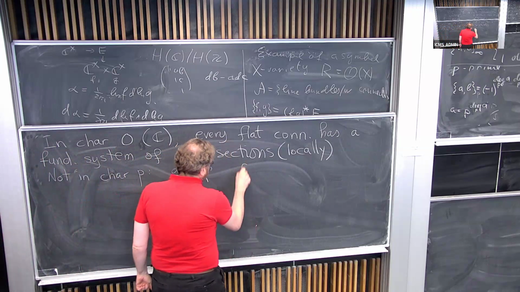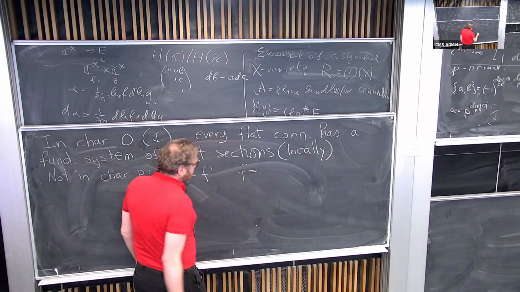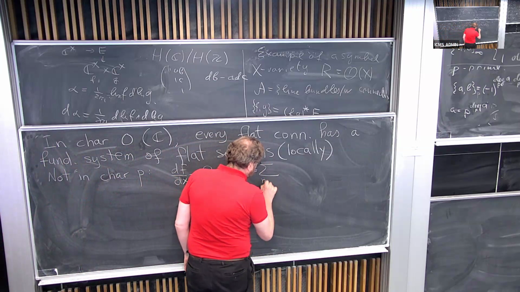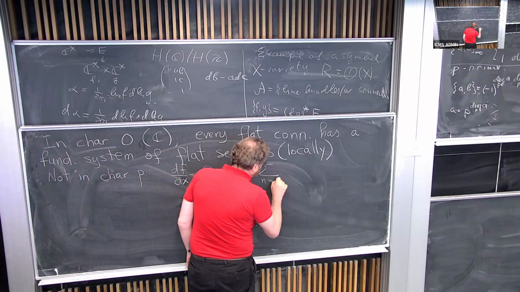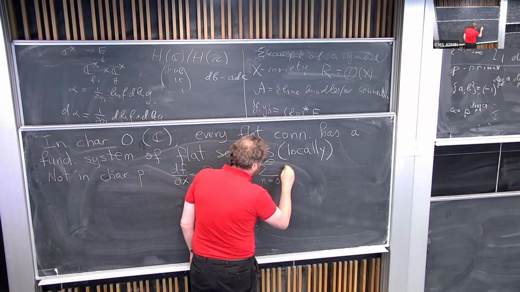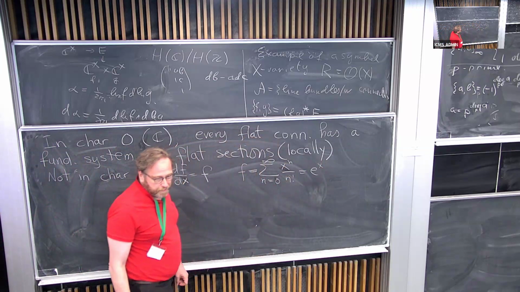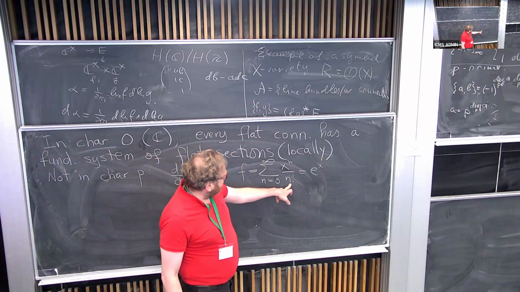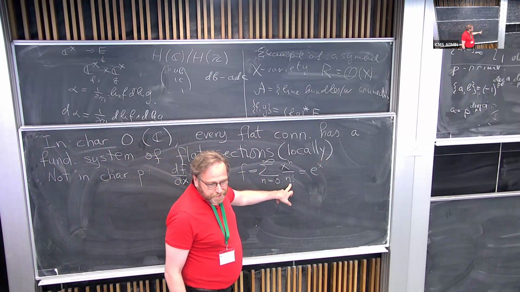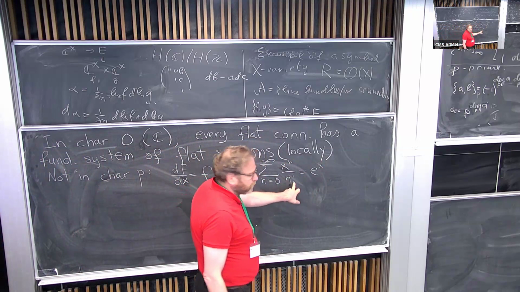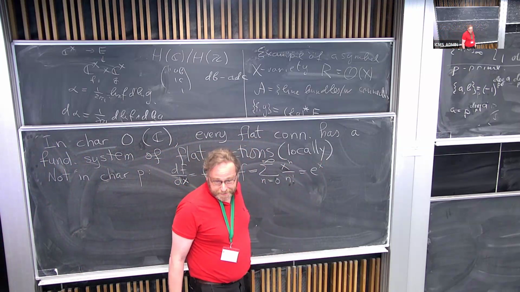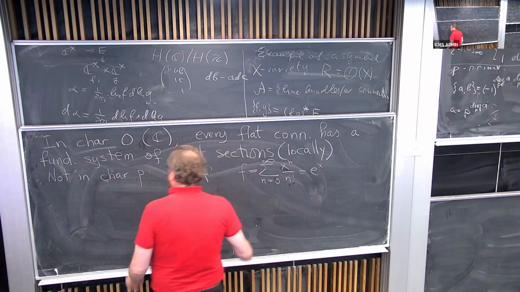And the solution is well known up to scaling to be the sum from n equals 0 to infinity of x to the n over n factorial, which is the exponential series. But you see that there are these factorials in the denominator. So if you have a prime, there is a factorial divisible by this prime, and this series doesn't make sense. So this doesn't have any solution.